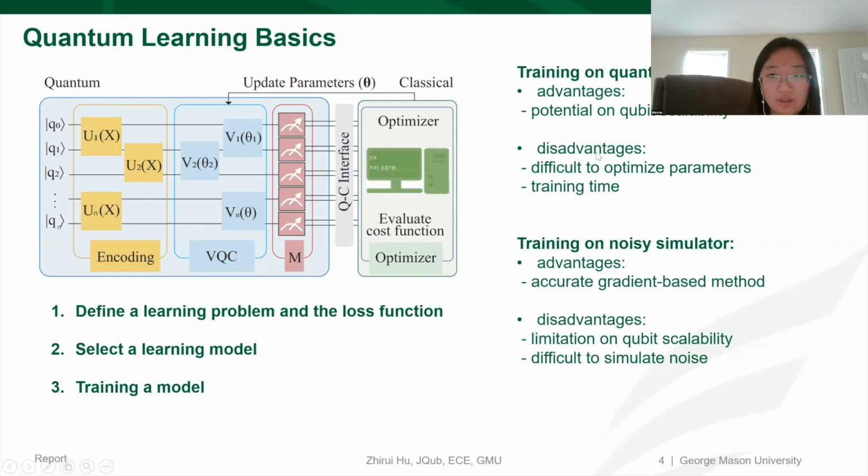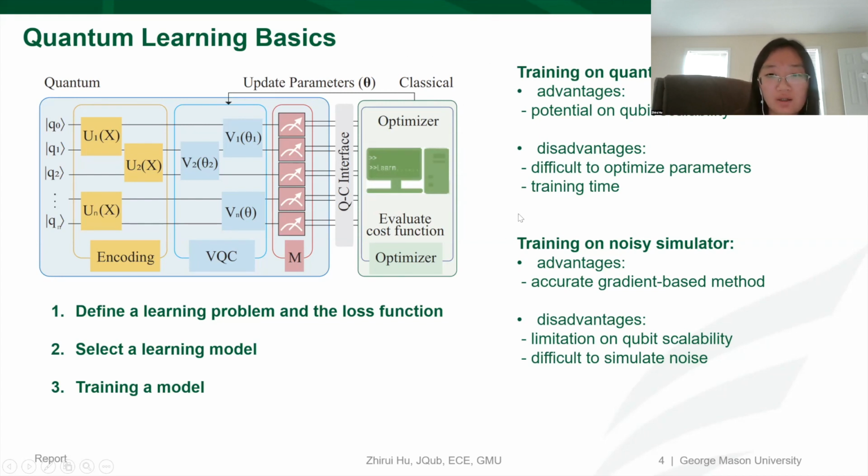But the disadvantage is that it is difficult to optimize the parameters, and due to the limitation of current resources, the training time is very long. Moreover, the optimizer is still on the classical computer.